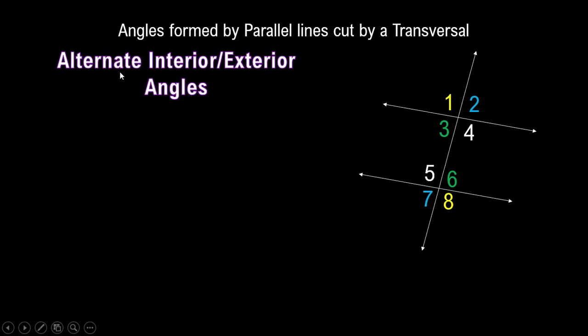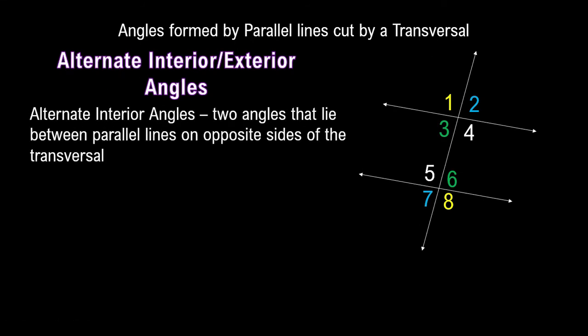So let us define first what is alternate interior angle. So when we say alternate interior, these are two angles that lie between parallel lines on opposite sides of the transversal. So based sa ating definition, interior, ibig sabihin, ito lang ang ating pinag-uusapan or between the two parallel lines.